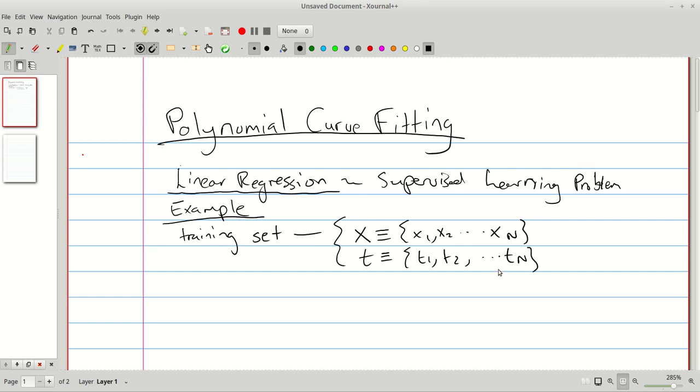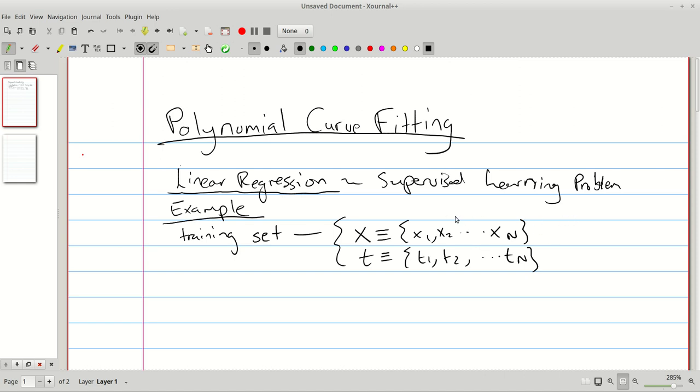In case it wasn't clear what a training set was last time, this is the information we have in the beginning. In the previous lecture, we said this can be an image: X1, X2, Xn can all be images, and T1, T2 can be the corresponding categories of those images. Is it a number? Is it a car? It can be anything. This is how we defined our training set.